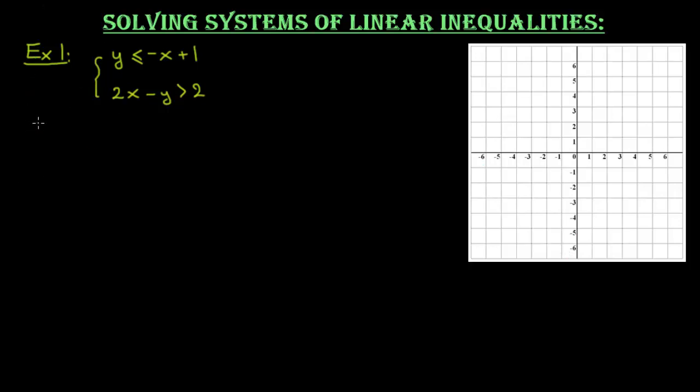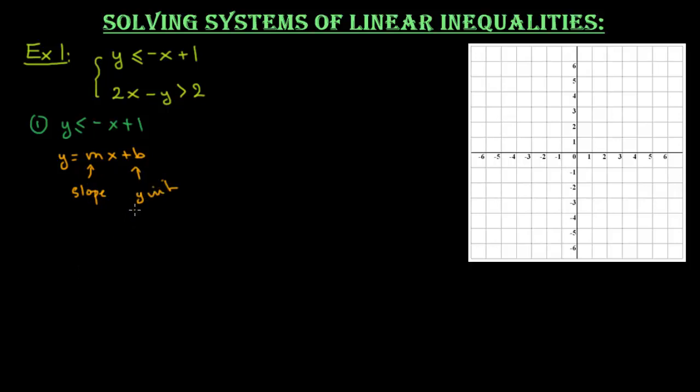Let's start with problem 1, the first inequality: y less than or equal to negative x plus 1. I can graph this inequality using the slope-intercept form, y equals mx plus b, where m stands for slope and b stands for y-intercept.